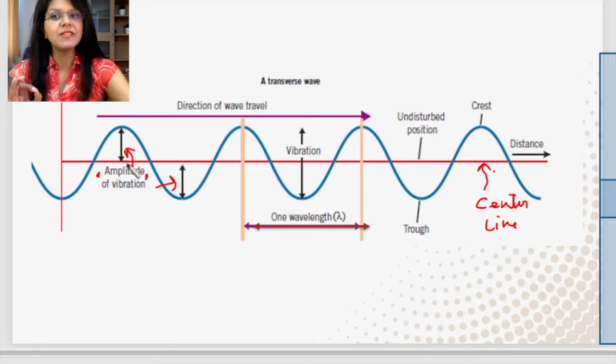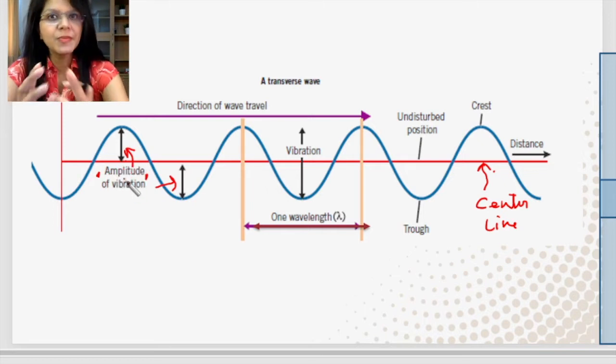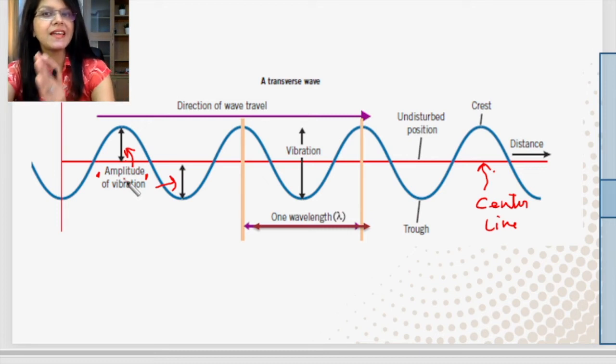Therefore, the distance from the center line to the crest should be equal to the distance from the center line to the trough. And these two distances are called the amplitude. Whenever you have to find the amplitude, what should be your first point of discussion? Your first point that you should always think about is to find the center line.